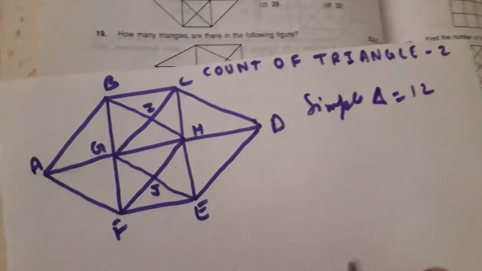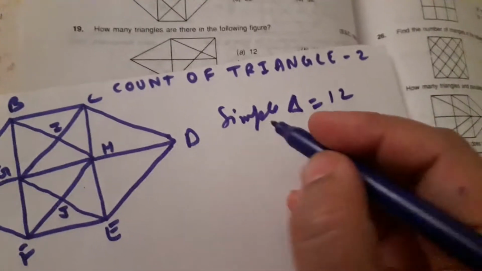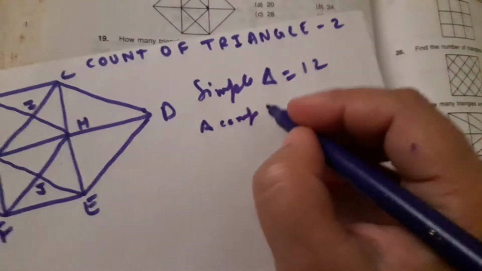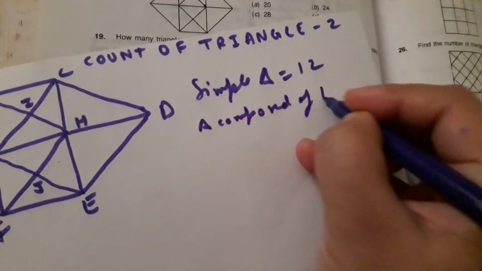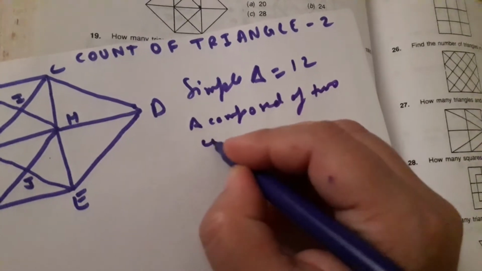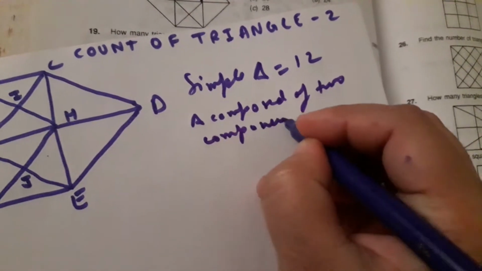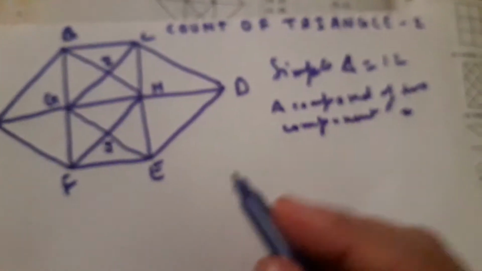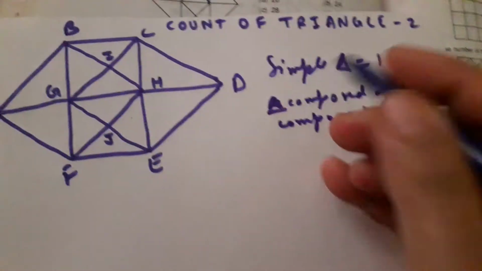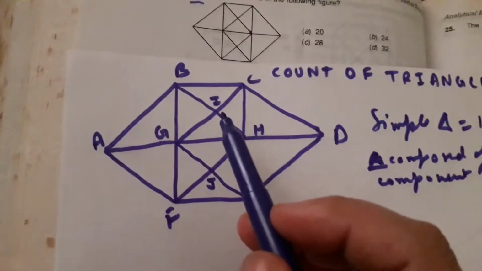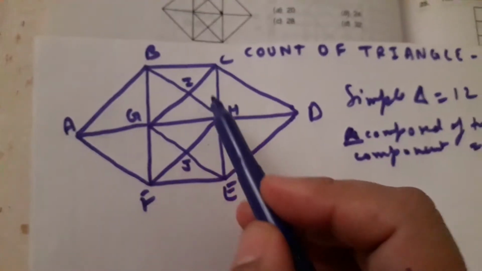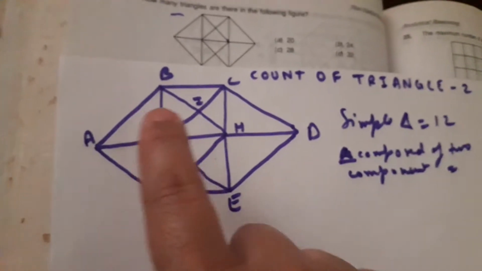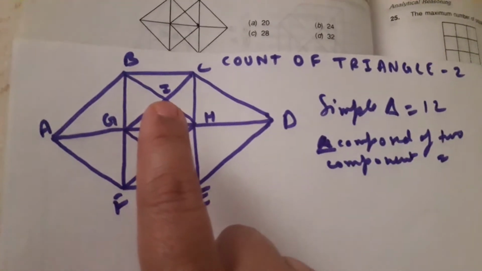Now after that, we will look for triangles composed of two components. I told you in the previous video that if you get this kind of figure with cross multiplication like this, then in this figure, only in this figure, four simple triangles are there.